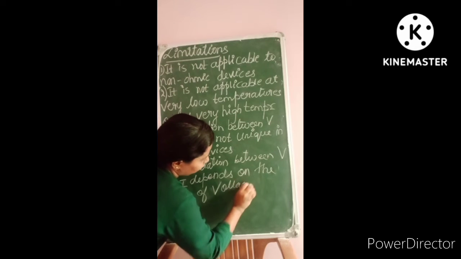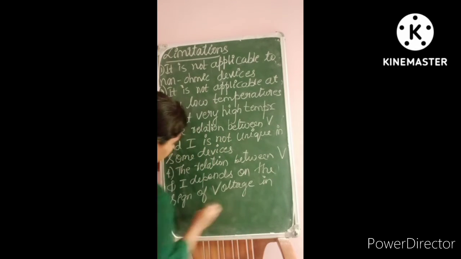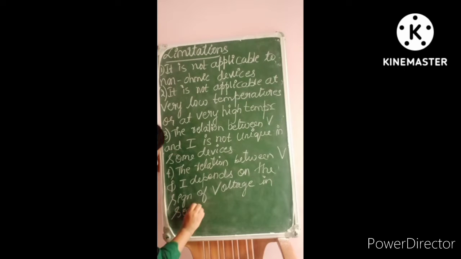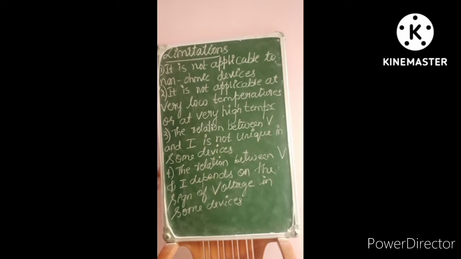For example, in the case of diodes, it depends on the sign of the voltage. In such cases, again Ohm's law fails to be obeyed. So these are the limitations of Ohm's law.